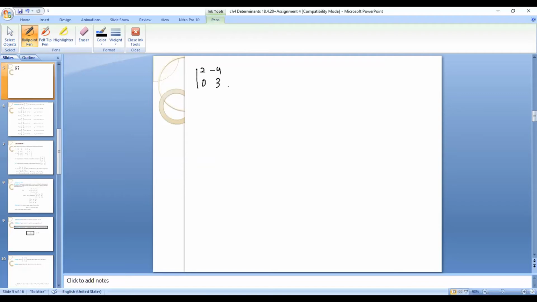Okay. So when you have to find M11 for this, M11 will be hiding first row, first column, determinant of 3, which is equal to 3. So this is very important. Some students get confused how to find minor and cofactors of 2 by 2 matrix. And A11 will be minus 1 raised to power 1 plus 1 into M11, which means 3, is equal to 3.